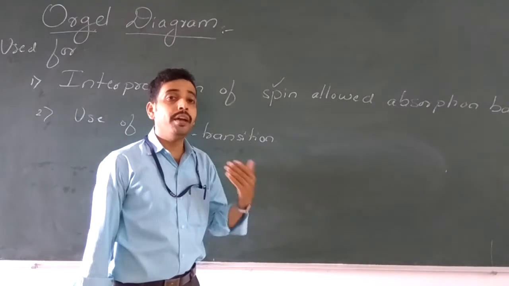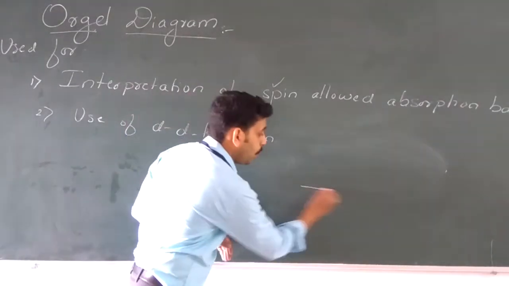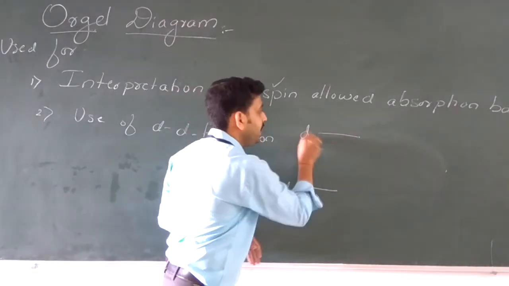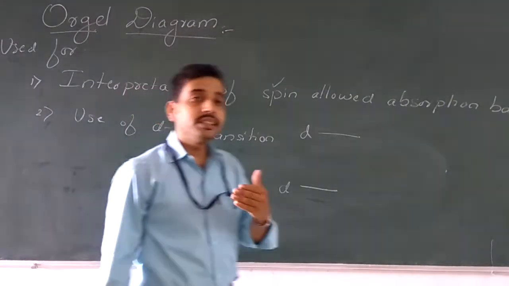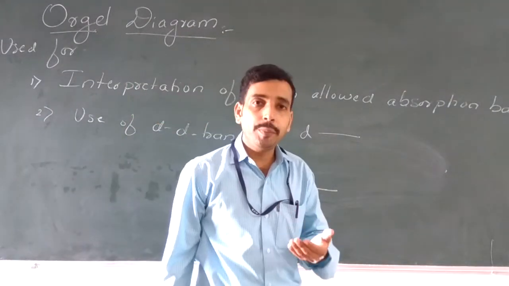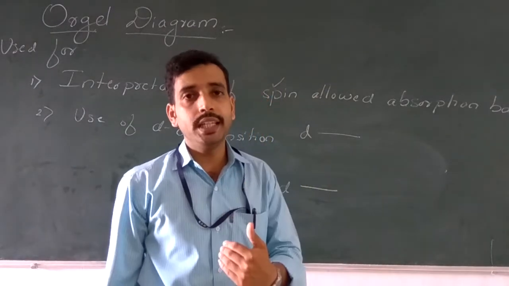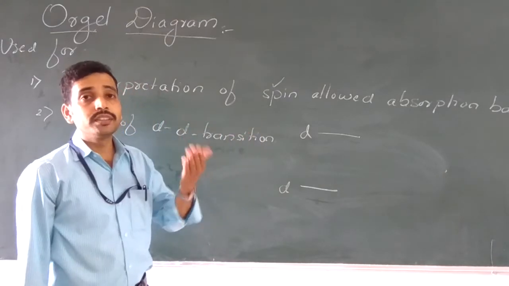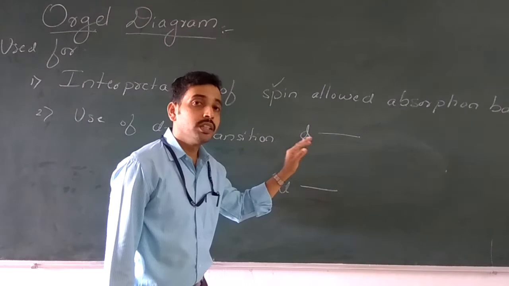Then what is meant by d-d transition? A d-d transition means the lower d energy is excited to the higher d energy only. Means the degenerate orbitals having electrons in the ground energy level are excited to the higher energy level, and the higher energy level must also be degenerate orbitals only.